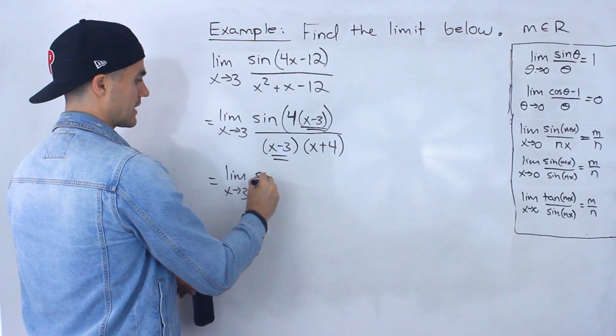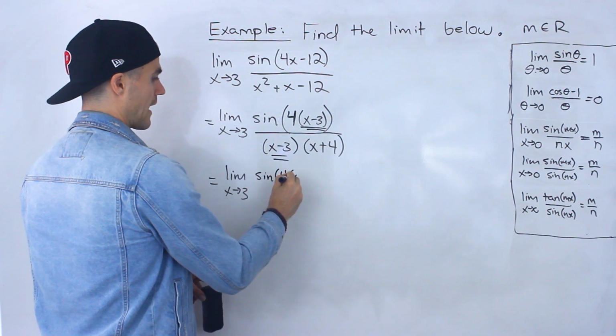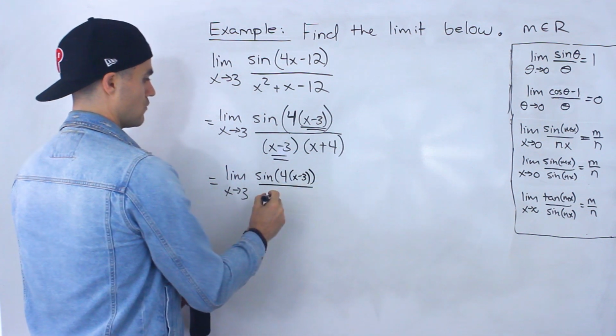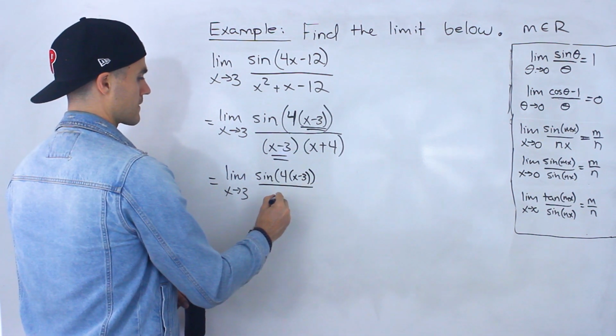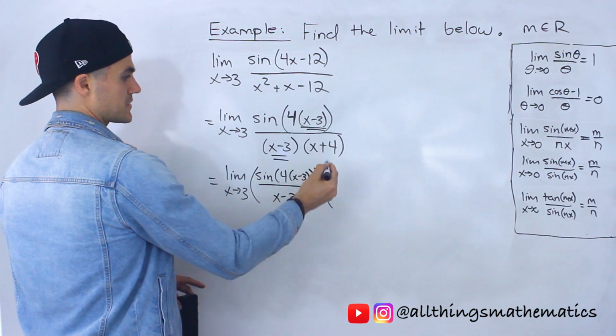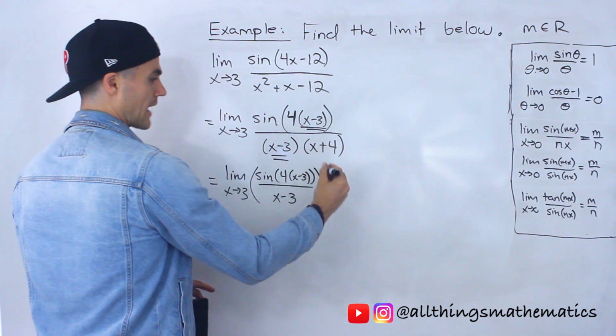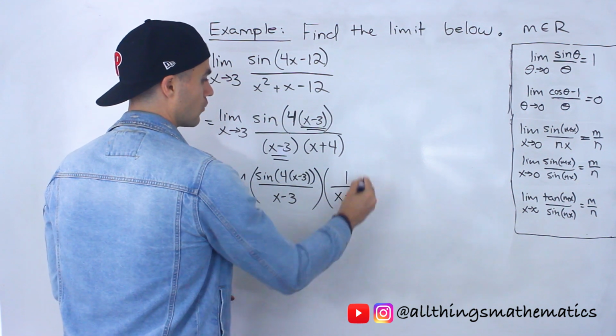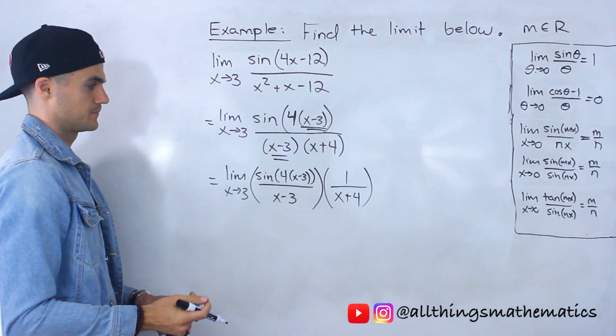I'm going to put the sine of 4 times x minus 3, all over x minus 3, like that. And then this x plus 4 that's in the denominator, I'm going to put as a separate expression. So I'm going to put 1 over that x plus 4.